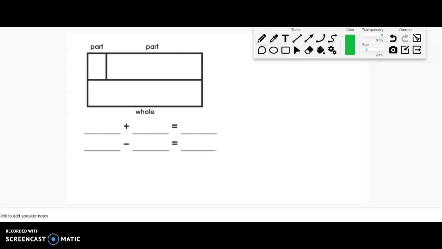If I have one part, it's really small, so I'm going to write it over here, 6 and 5/100. Here I have 38 and 9/10 is my whole. Well, how can I figure out the missing part? Because I want to know 6 and 5/100 plus something is going to equal 38 and 9/10.